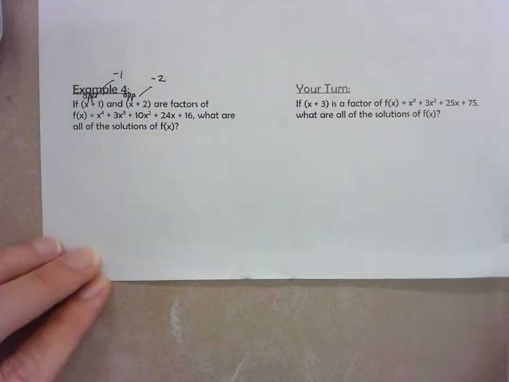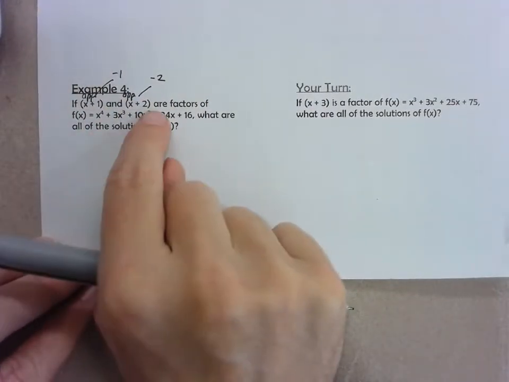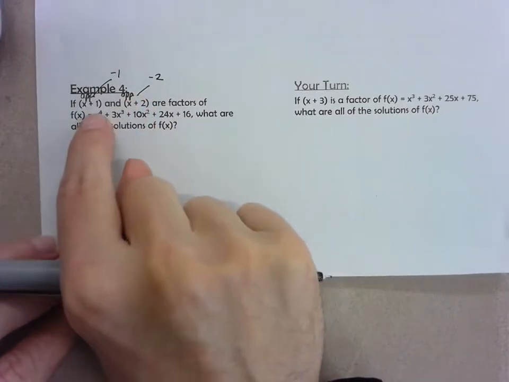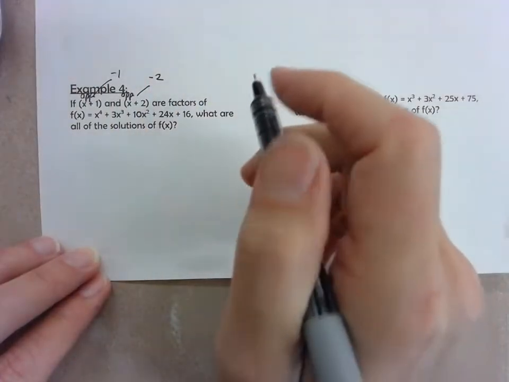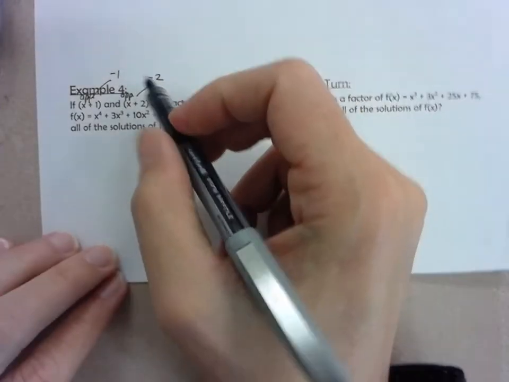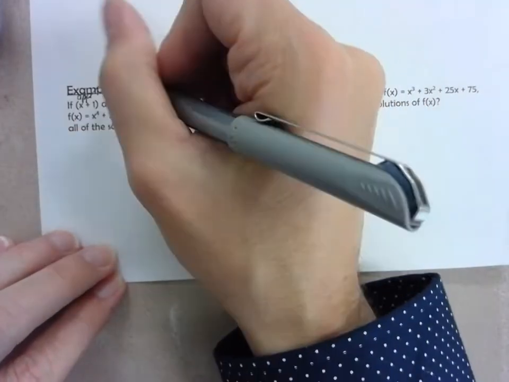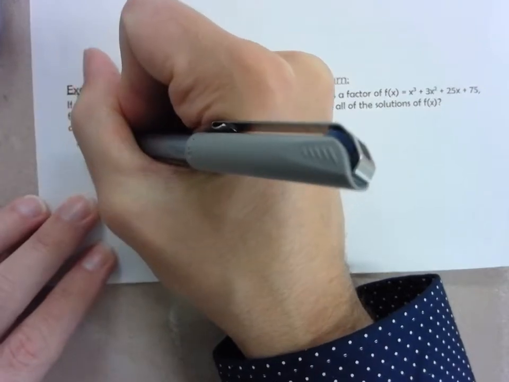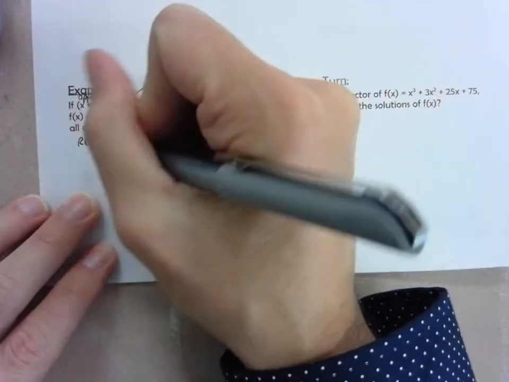In this problem though, since they already gave you those two factors, we didn't have to put that in the graph. We just had to flip the signs and do our synthetic division. So that's really the only difference. It's actually less work if you think about it. We don't have to type that in the calculator. So we can go right ahead and say our real zeros are -1 and -2.